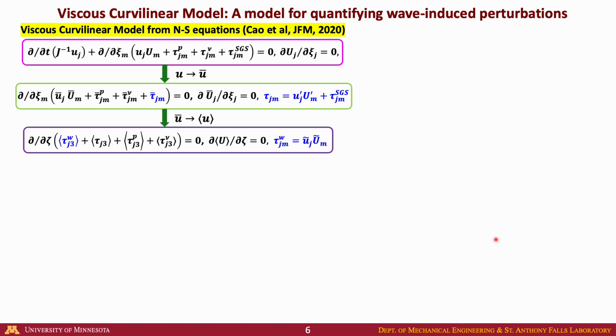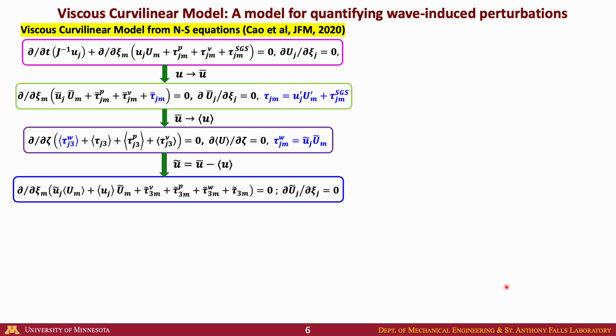We then horizontally average this equation to obtain the governing equations for mean flow. This horizontal averaging operation gives rise to the nonlinear wave-induced stress term. Then, upon subtracting the mean equations from the phase averaged equations, we obtain the governing equations for the wave-induced motions.